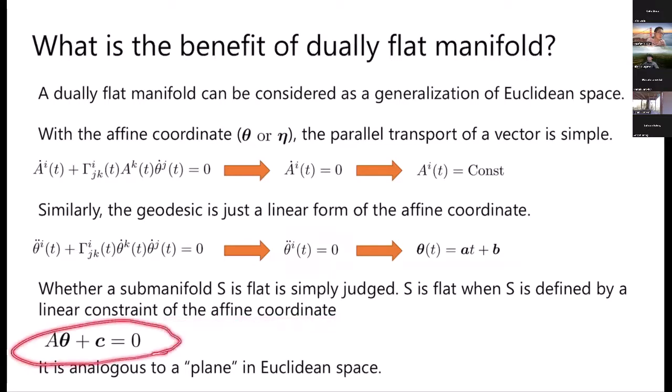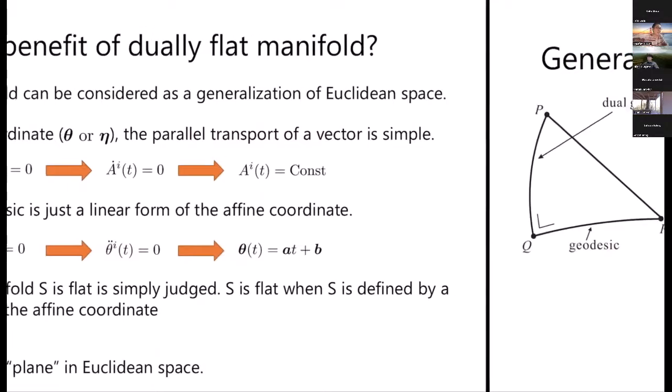So it is analogous to a plane in Euclidean space. This is pretty much the benefit of a dually flat manifold.